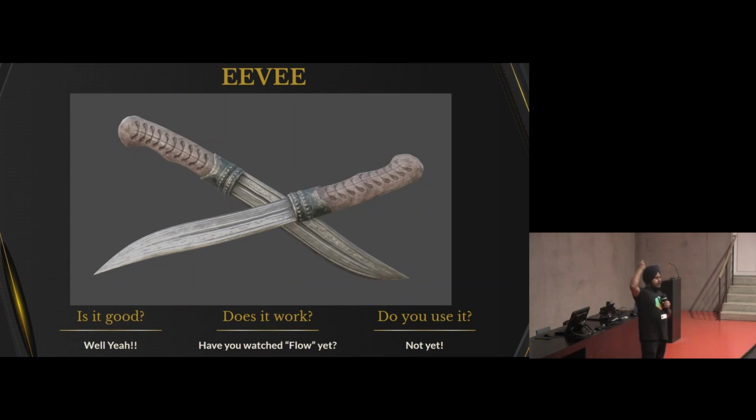So this is rendered in Eevee. It's good, I would say. I was working in a studio where they said, if it looks good in Eevee, it will look good in the game. It was trusted that much.